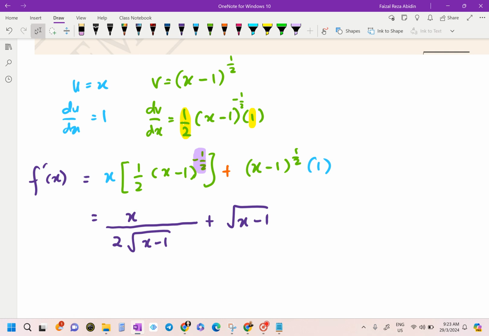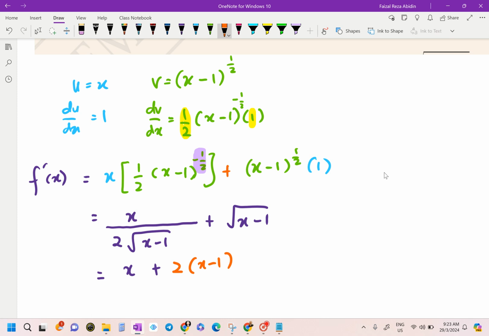That one is 2 times the square root of x minus 1, so it's going to be, okay, this one, just copy back. This one, I'm going to get x plus the square root of x minus 1. So if I times 1 by 2 square root of x minus 1, I bring this one, so I'm going to get this as my 2 square root of x minus 1, right?